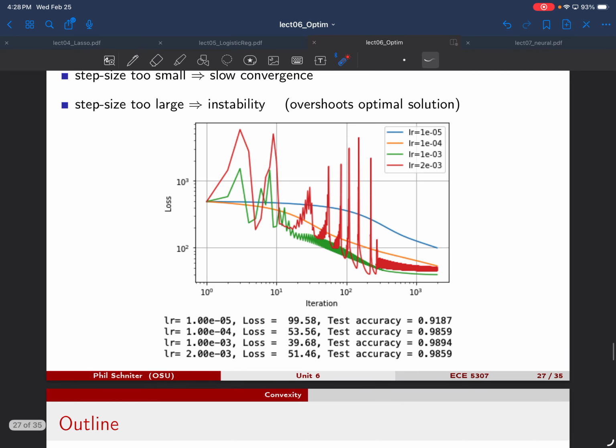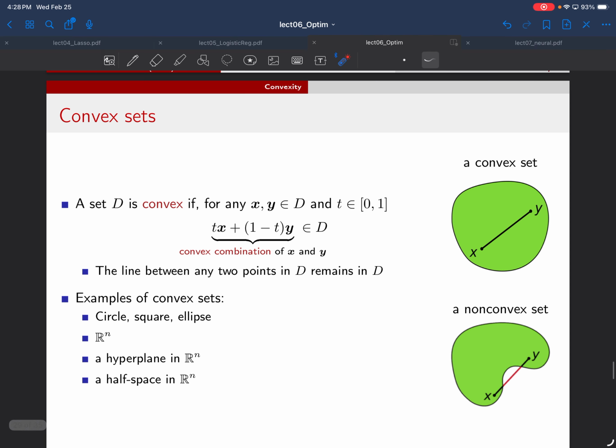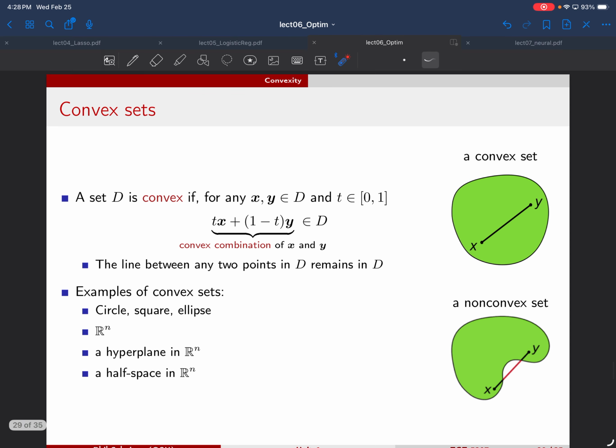Since we've been talking about convexity quite a bit, I thought I should briefly explain exactly what it is. We won't get into too many details, but it's good to know about since we recognize the importance of convexity. So what exactly is it? Before we talk about convex losses or convex functions, we need to talk about convex sets.